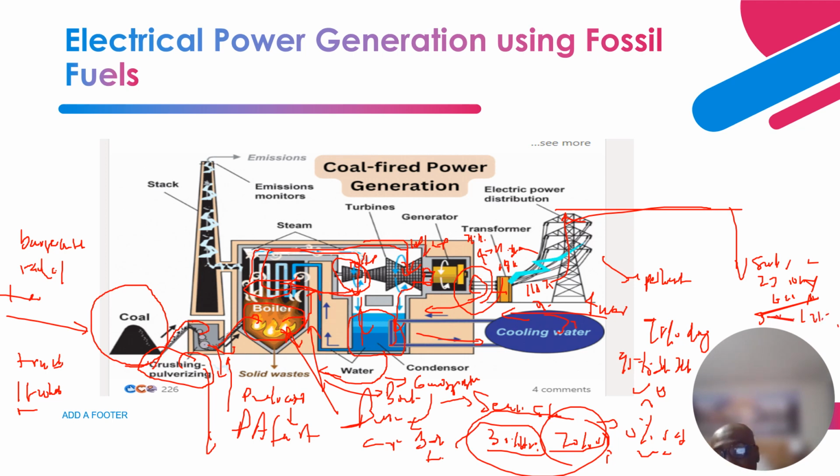Okay, so from the sub-transmission level, that is when you want to step it down further to achieve a distribution level voltage.